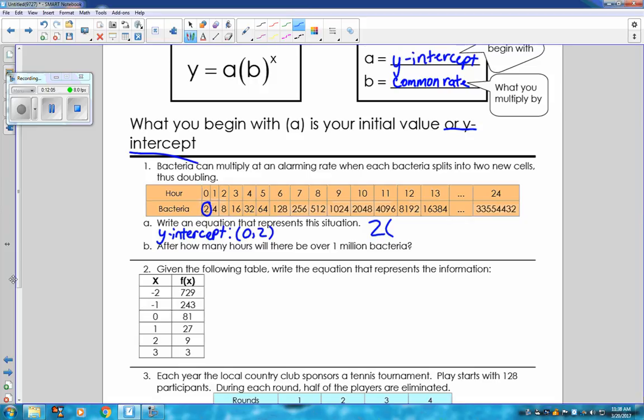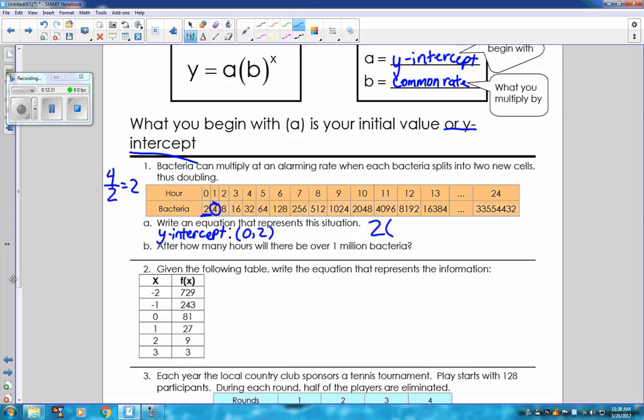To find out what b is, I take any term I want to. So for this instance, I'm going to take 4. And I'm going to divide 4 by the previous term, or the term that occurred before it. So I'm going to divide 4 by 2, which gives me 2.